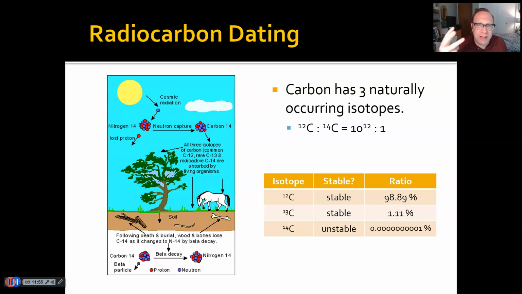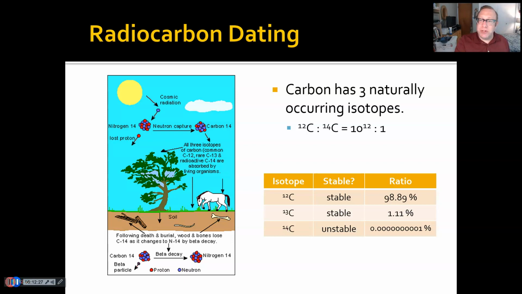Okay, there are 3 main carbon isotopes: C12, which is the most abundant and stable; C13, which is rare. Only about 1.11% of the carbon atoms in the world are C13. But again, it's a stable isotope. C14, on the other hand, is extremely rare, but unstable. That's what we're going to focus on for our clock, C14.